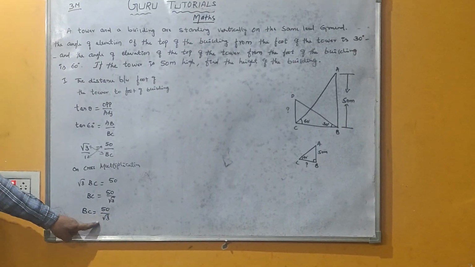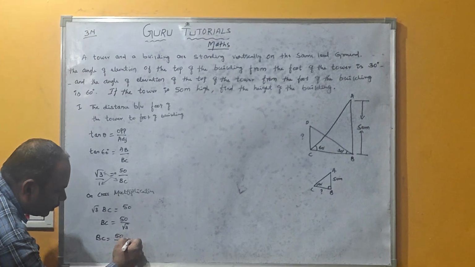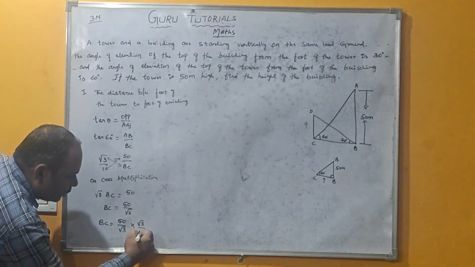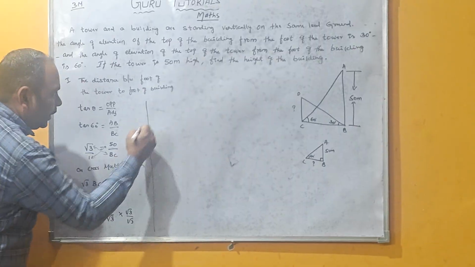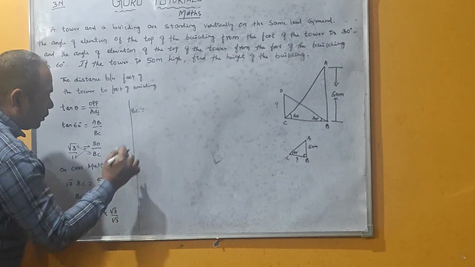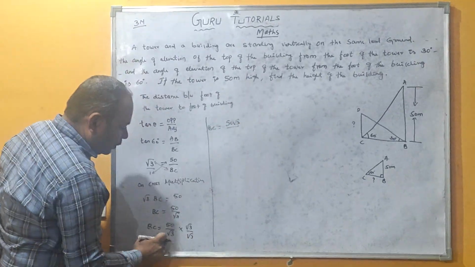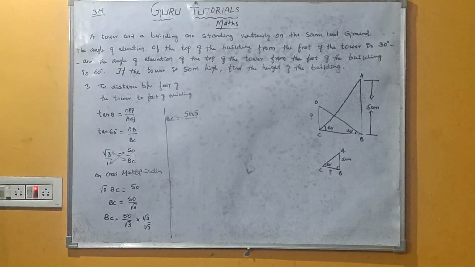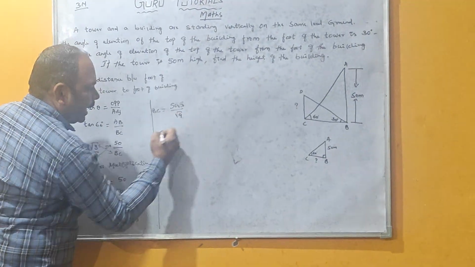What is the rationalizing factor for root 3? Root 3 itself. So multiply both sides by root 3. Now BC is equal to 50 root 3 divided by root 3 into root 3, which is root 9.